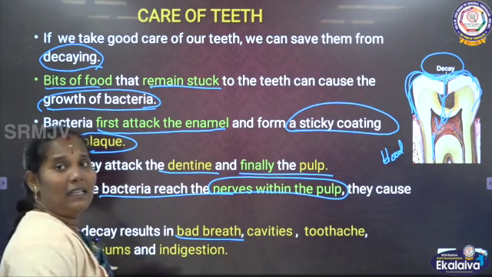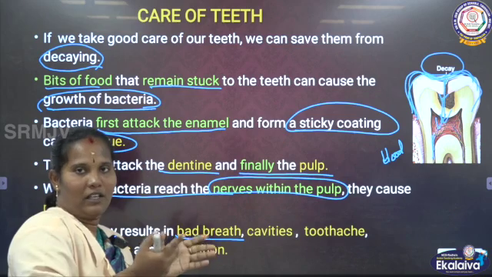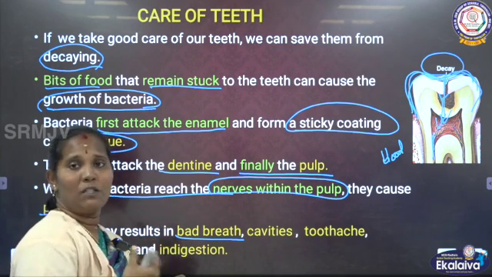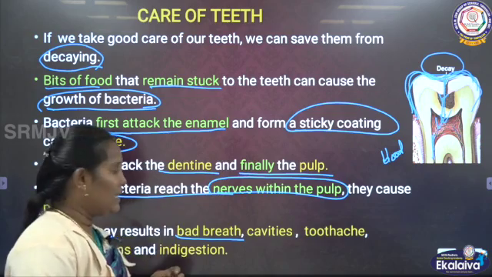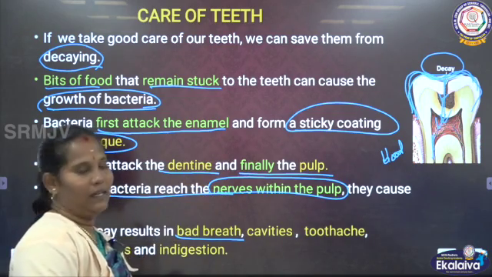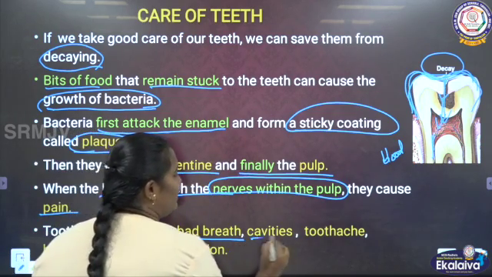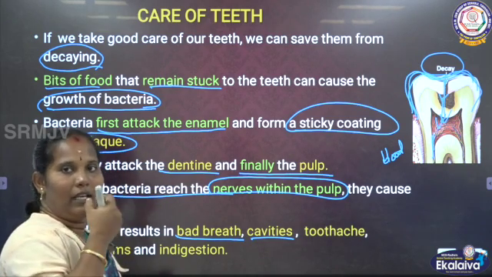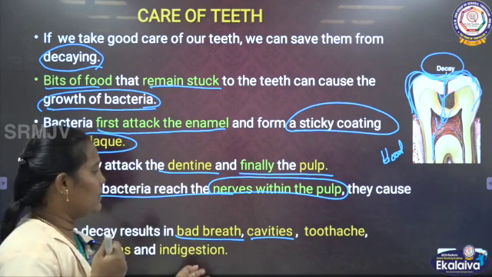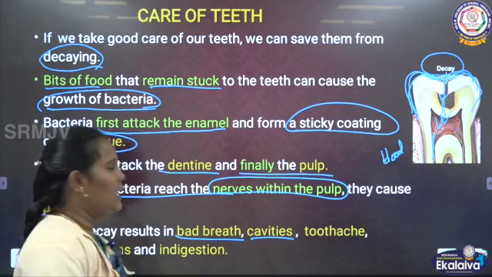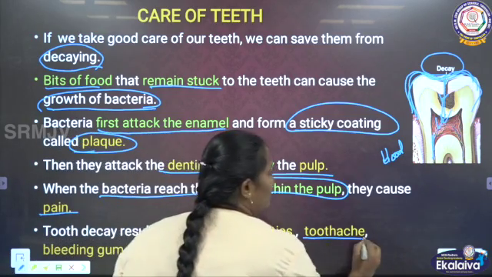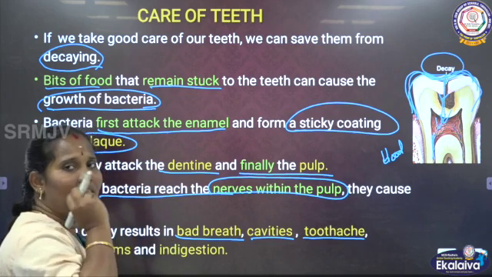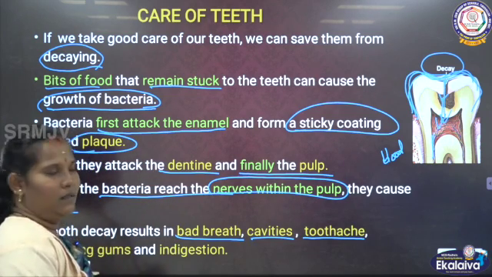If somebody speaks very close to us, we can feel a bad smell from their mouth; this is the reason, tooth decay. Next are cavities. Cavities means we can observe some holes in our tooth. This is a tooth cavity. Then toothache. Toothache means they are attacking the root vessels. When the root is affected, we get severe pain from the tooth.